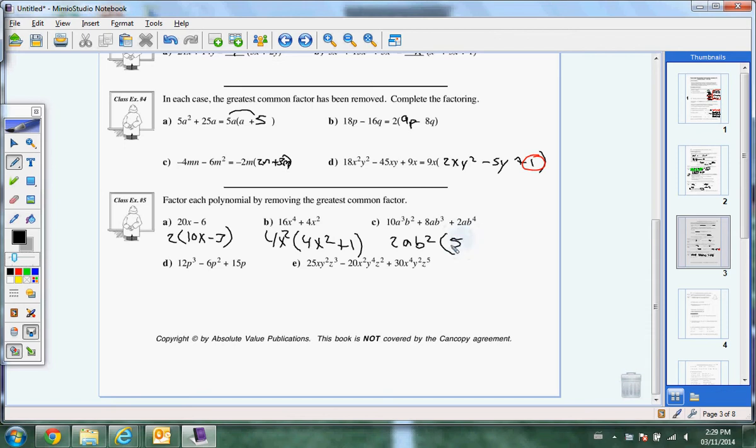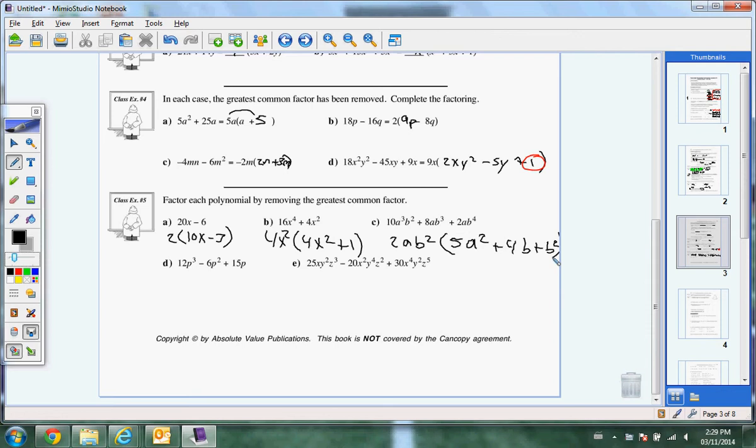Okay, 10 divided by 2 is 5. a cubed divided by a to the 1, you subtract exponents, so that gives me an a squared. b squared, it's gone. Plus 8 divided by 2 is 4. a came out, it's gone. b cubed over b squared is a b. The 2 came out, the a came out, b to the 4 and b squared gives me just a b squared. So there's your answer there: 5a squared plus 4b plus b squared.